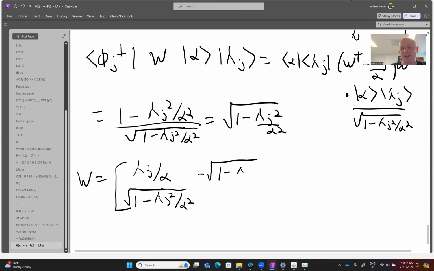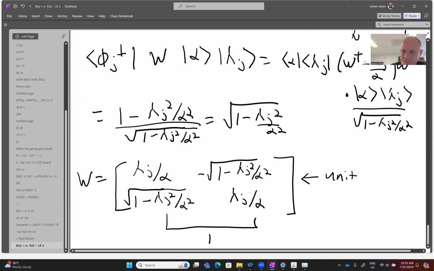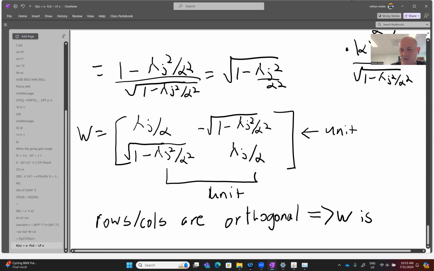We end up getting negative the square root of 1 minus lambda j squared over alpha squared, and lambda j over alpha. We can see then that this is a unit vector in this direction. It is a unit vector here. And further, the rows and the columns are orthogonal. This implies that W is unitary.